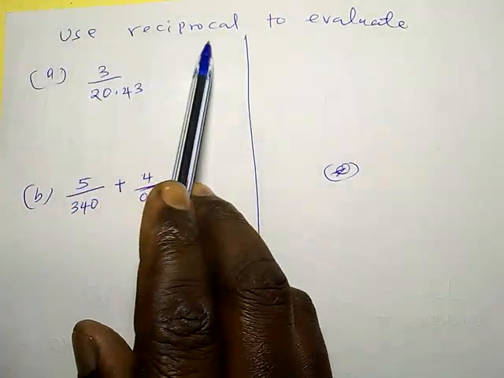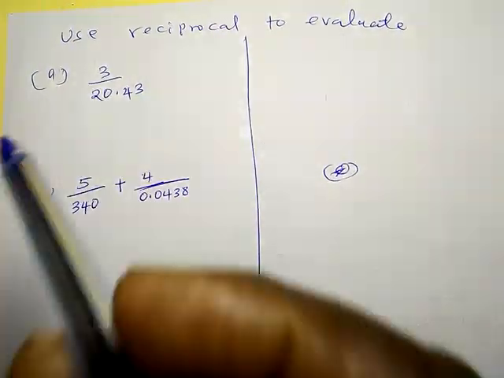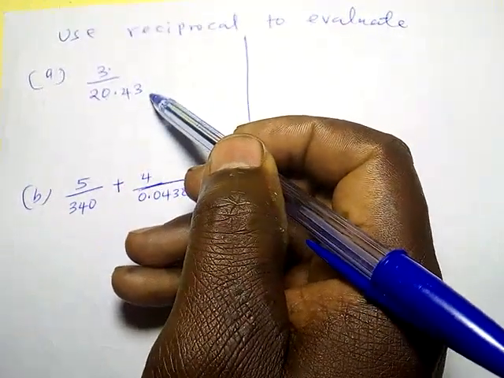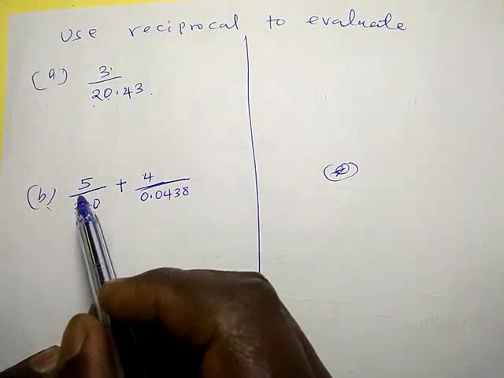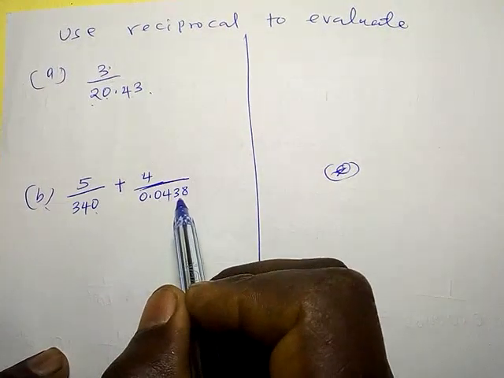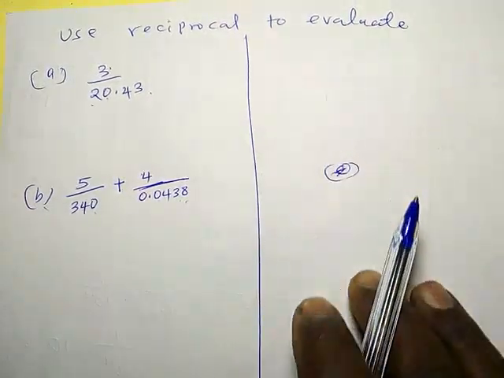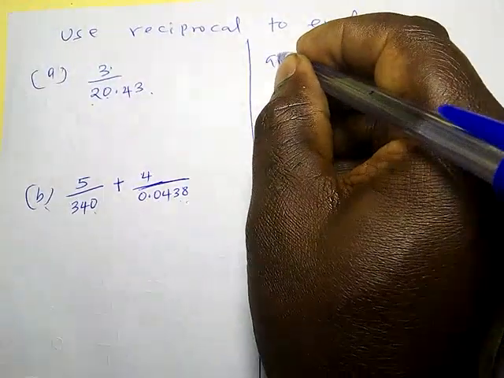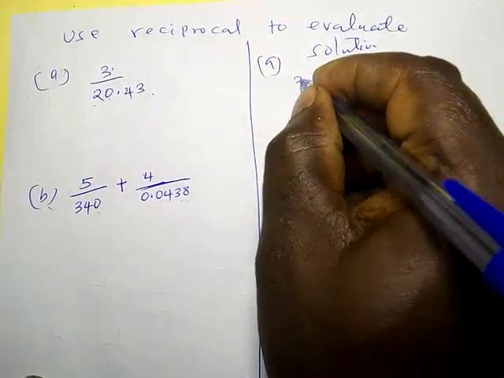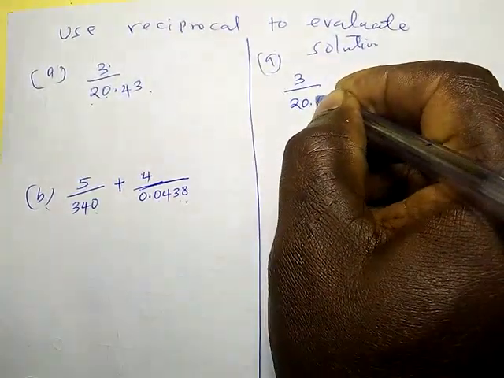So use reciprocal to evaluate A, 3 divided by 20.43, and then B, 5 over 340 plus 4 over 0.0438. So how do you go about this? We start with A, solution. 3 over 20.43.